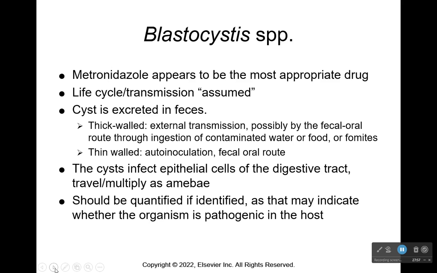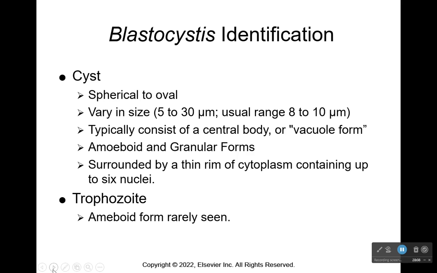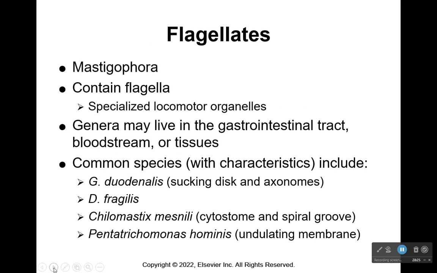So they do note how many are present to determine if it is just present for some reason or if it is possibly causing an infection. Here's the cyst size and the shape and the trophozoite. We rarely see the trophozoite amoeboid form because it pulls its pseudopod in. It's hard sometimes to see that trophozoite form and see those pseudopods.